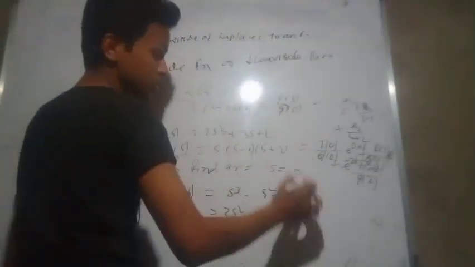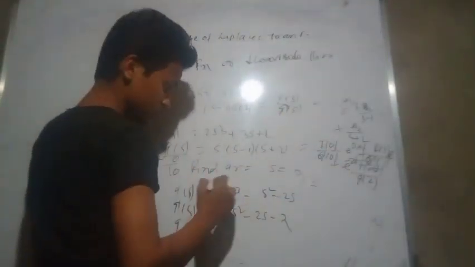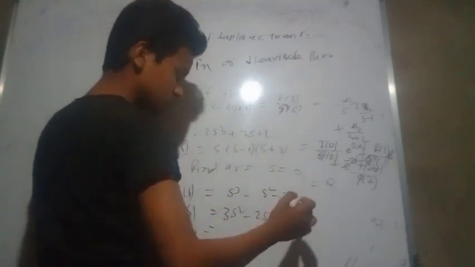When we put the values, f of 0 gives us 2 and g dash 0 gives us minus 2, into 1.